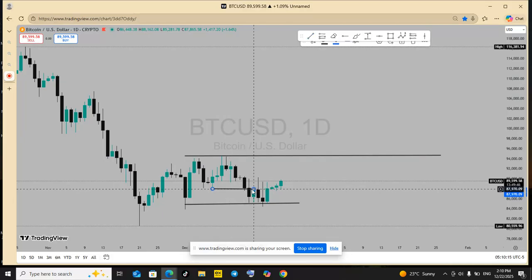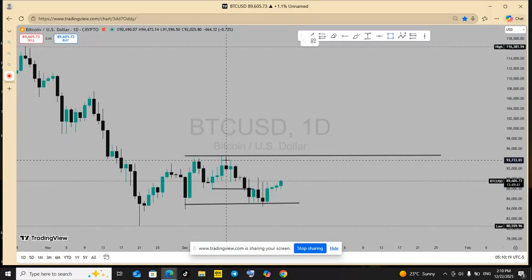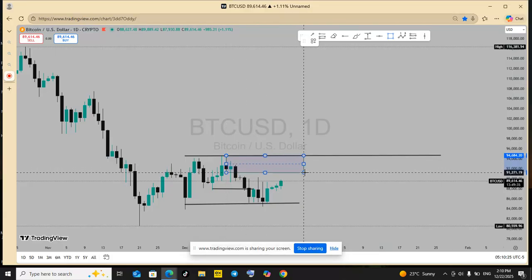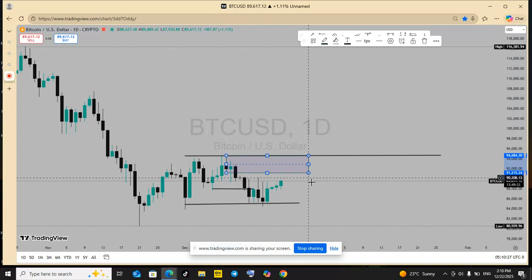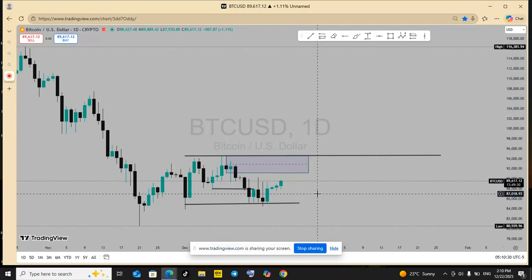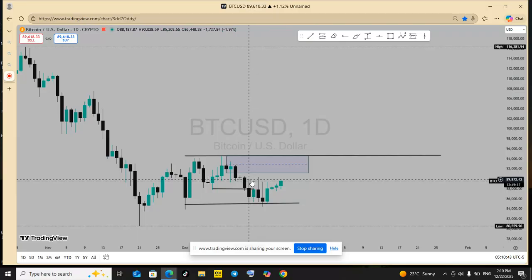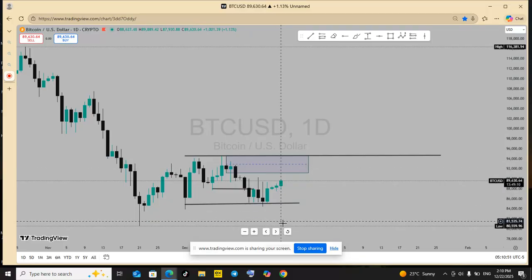Remember the trend is already to the downside. So if you were to mark your supply zone here, since we are in the big time frame, the daily time frame, and you are looking for your entries to continue down, because it is already in a downtrend, this will be your supply zone, waiting for price to come and tap here, then we can continue pushing down.